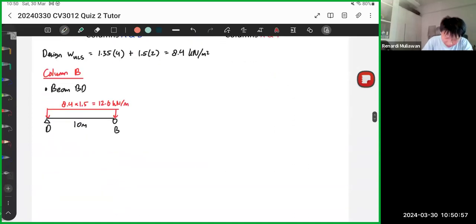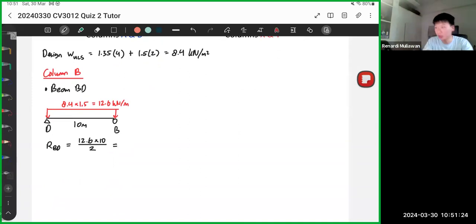So the reaction on B by beam BD, let me label it RBD. RBD is 12.6 times 10, the length, divided by 2. Divided by 2 because it's spread into D and B. And why can we divide by 2? Because the beam is symmetrical, the loading is also symmetrical.